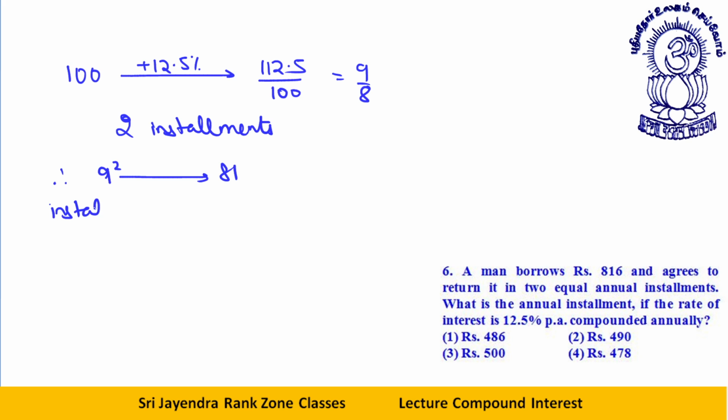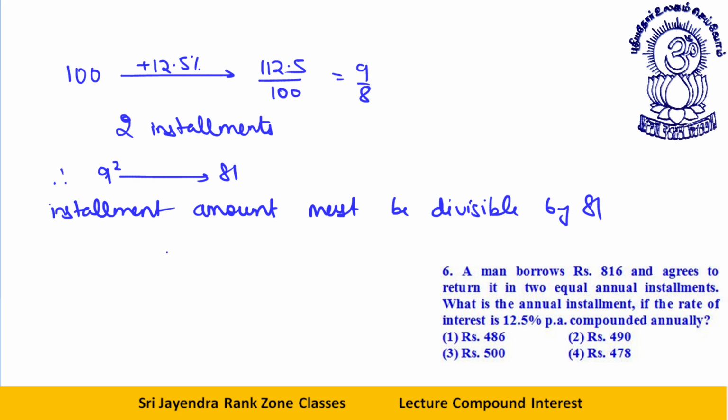The installment amount must be divisible by 81. Among these, which of the options is divisible by 81? 81 into 6, clearly 486. The moment I see this, I can figure it out. This is my answer.